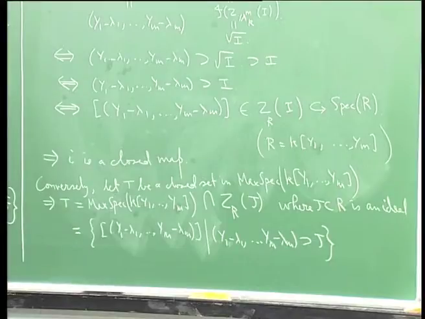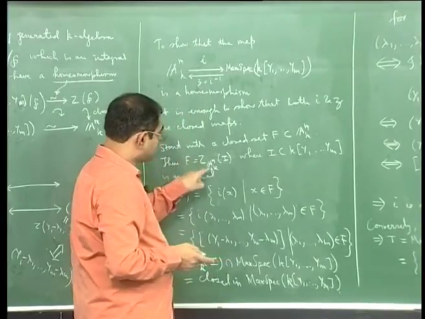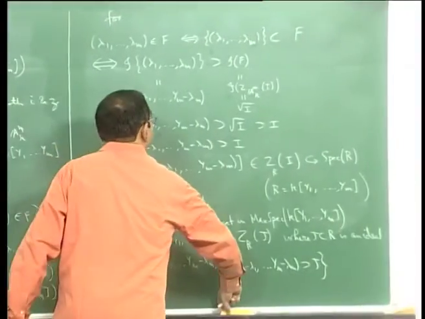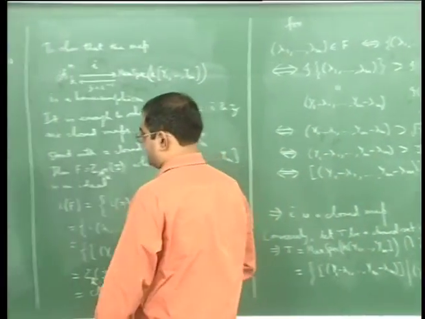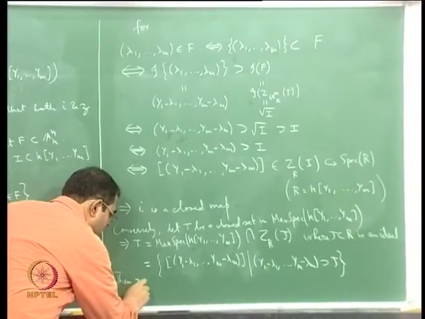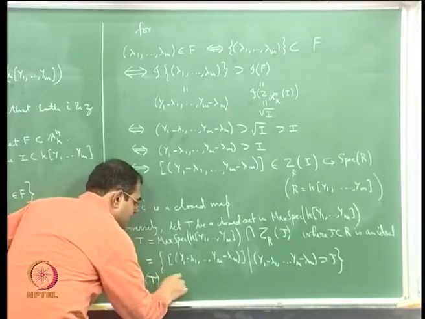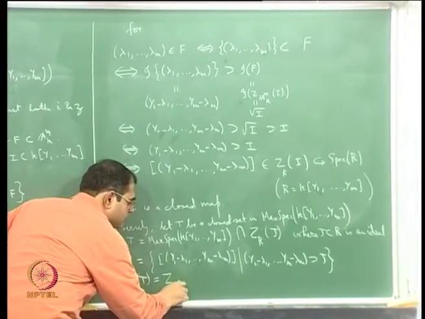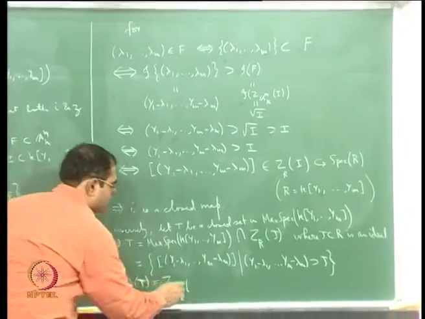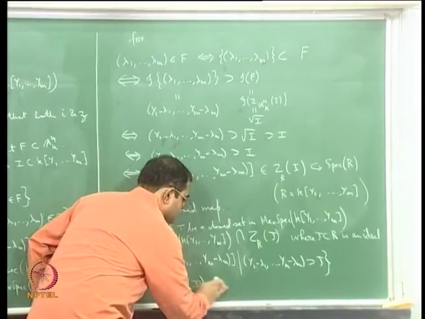You can see very clearly that small z of T is Z sub Am of J, so it's closed. I have very little space, so let me write it anyway. Then small z of T is just Z in Am sub k of J, which is closed.